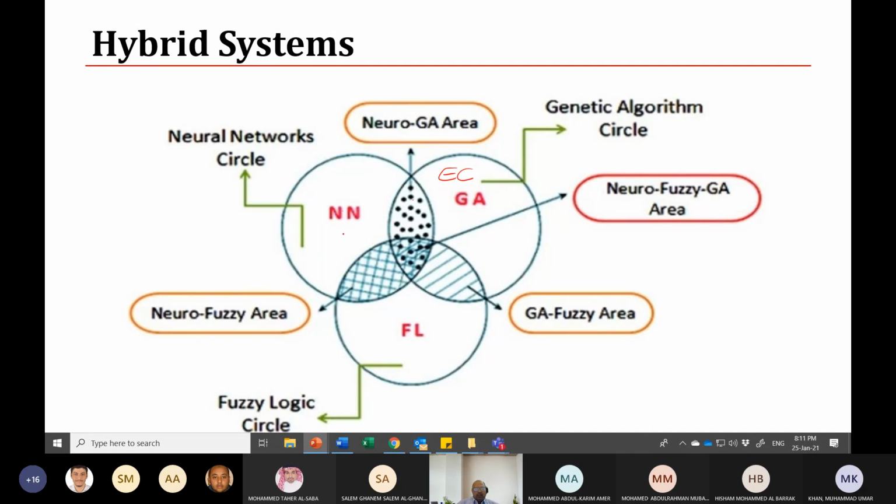You can use fuzzy logic with the neural network to fuzzify each input of the neural network. You can fuzzify it, you can convert it to linguistic values, and then you can process. This is what we call neurofuzzy technique. You can use also genetic algorithm and fuzzy logic together.